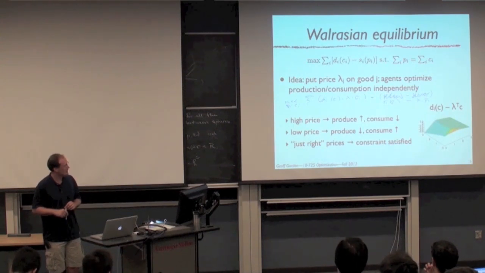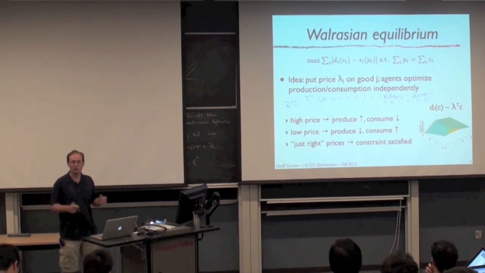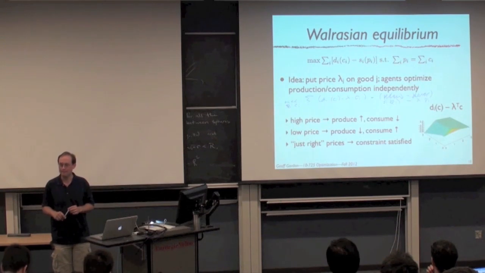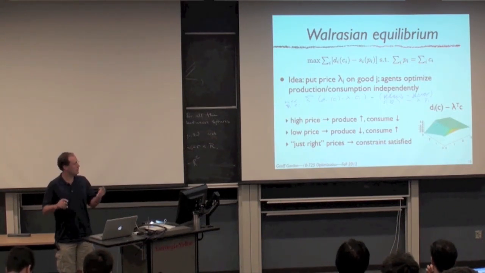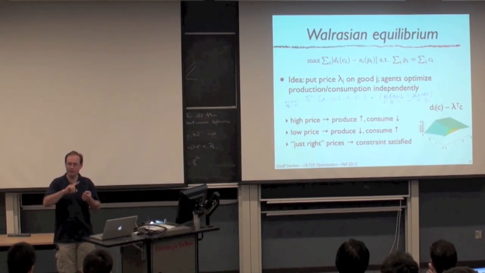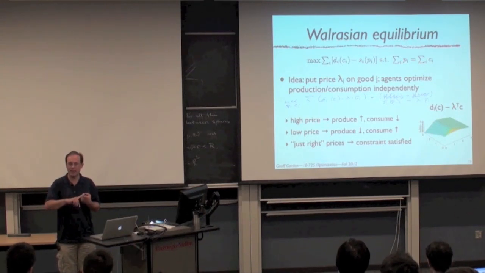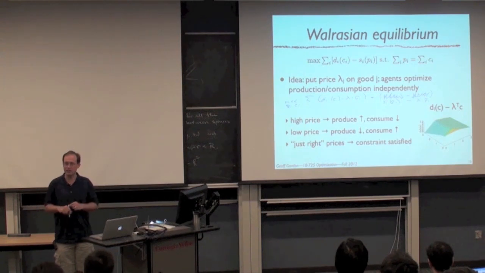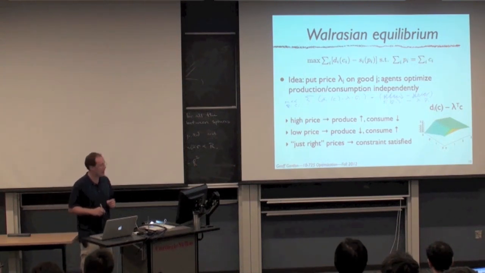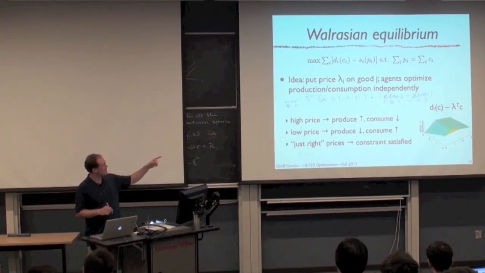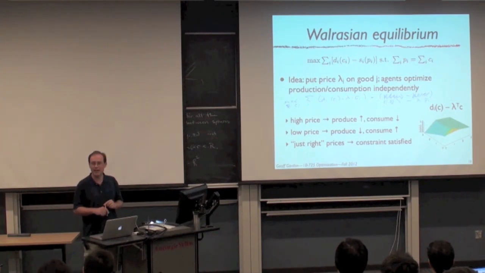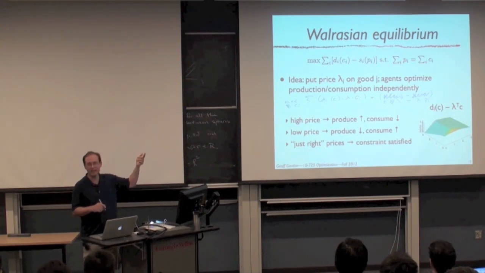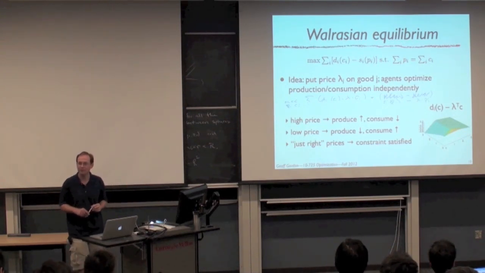So if such a thing exists, it's called a Walrasian equilibrium, meaning the combination of that vector of prices lambda and all of the SIs and PIs that are optimized for each of the agents independently. And suppose that happens, well, the lambda.ci is going to cancel with the lambda.pi, right? And so I will have maximized the sum of DICI minus SIPI, which was my original goal. Okay?